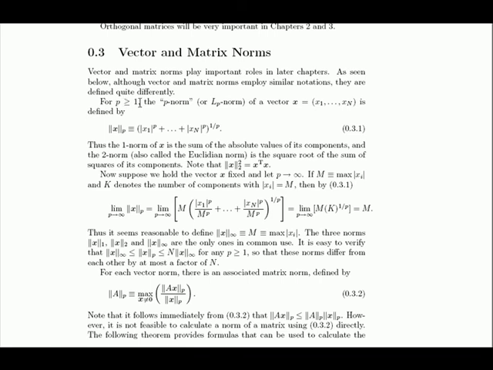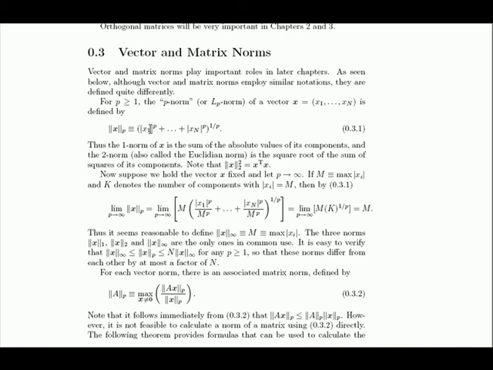For any p greater than or equal to 1, the Lp norm is defined as the pth root of the sum of the pth powers of the absolute values of the components. So, for example, p equals 1 simply means the sum of the absolute values of the components of the vector. p equals 2 is the usual L2 norm, the square root of the sum of squares.